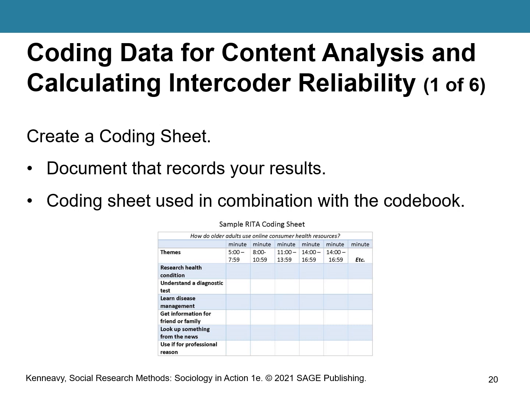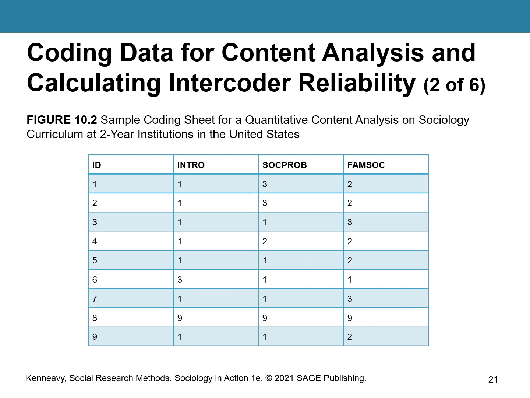So the coding sheet is used in combination with the code book to record the data, and usually you have both hand in hand. You can actually see that it really looks like an Excel spreadsheet, if you're familiar with an Excel spreadsheet.